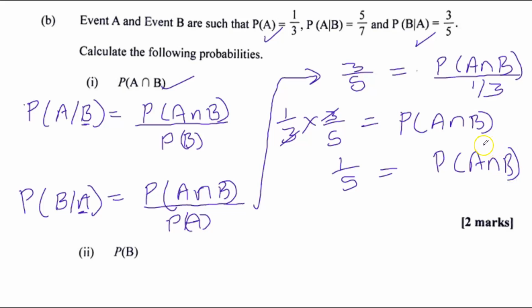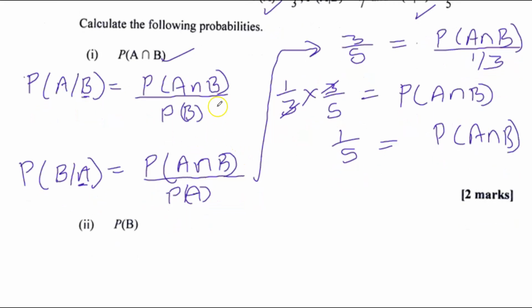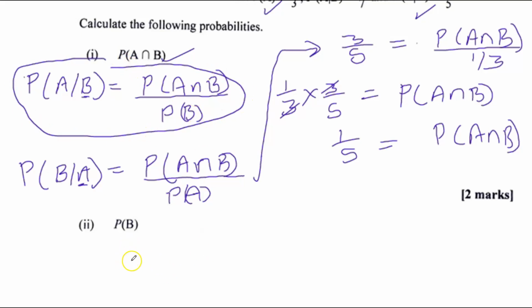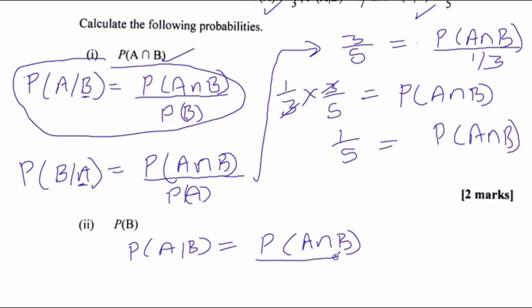So now we're asked to find the probability of B. For the probability of B, we use the first formula that we wrote here. Let me just restate it. The probability of A given B is the probability of A intersect B over the probability of B. So we can do some transposing.